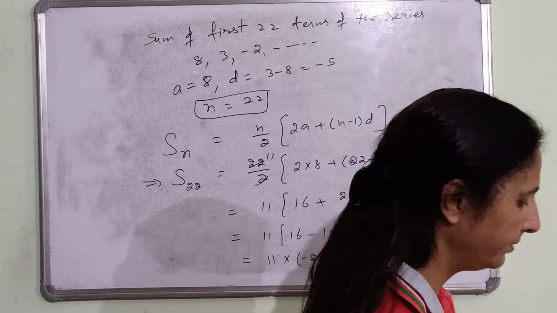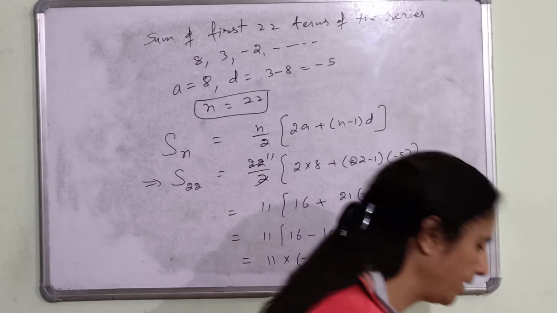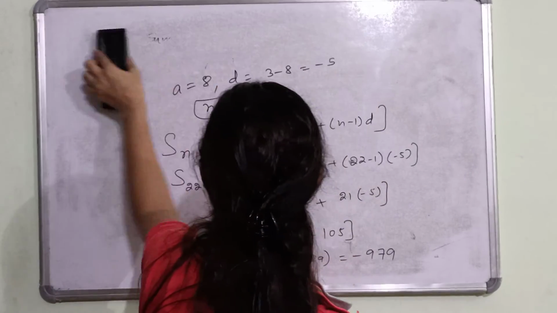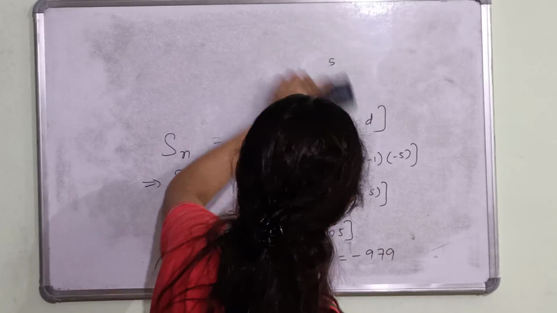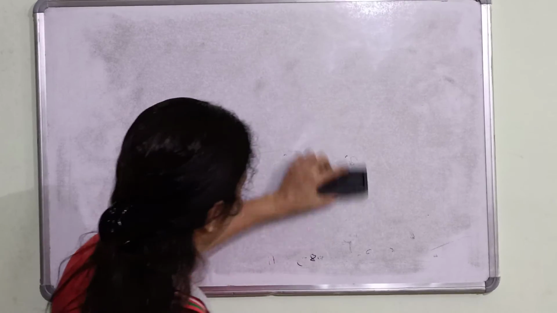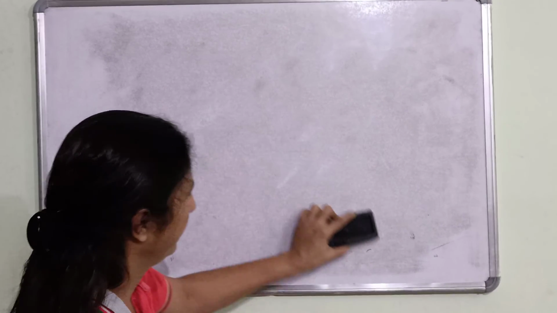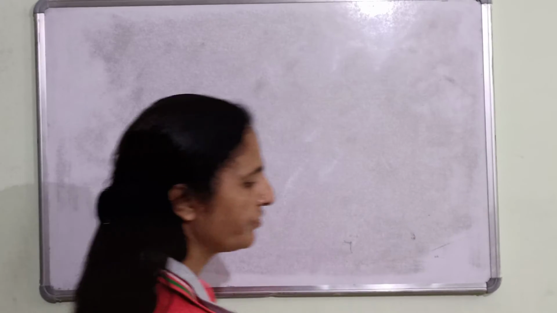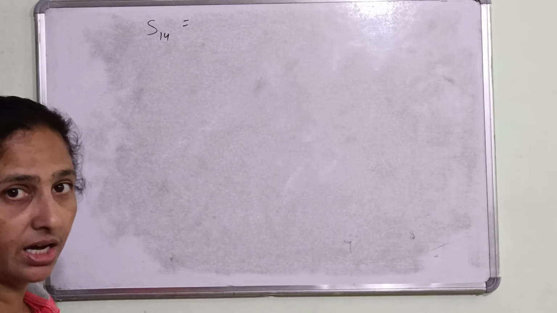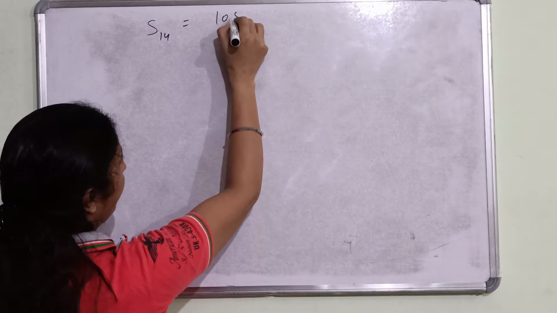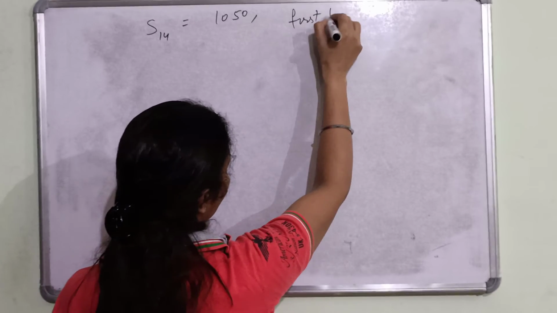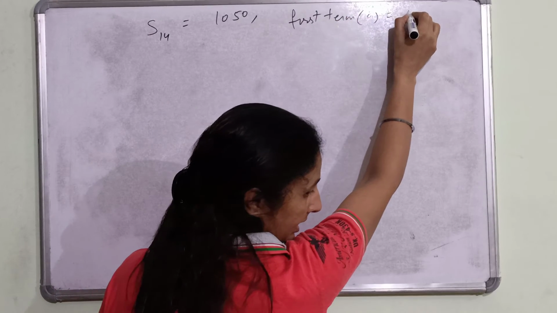Now take one more example. We have been given the sum of the first 14 terms, S14, of an AP. It is 1050, and we have also been given the first term A, which is 10.